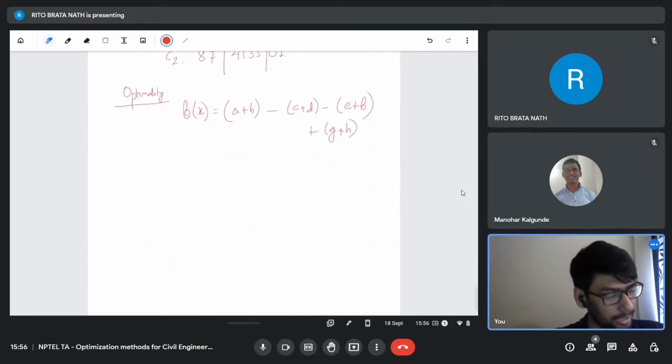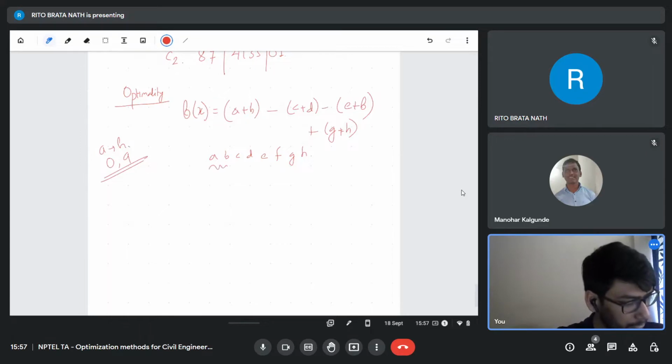And your strings are this a, b, c, d, e, f, g, h, and this a to h can each go from 0 to 9. Since you are summing this up, the positive portion is from this one. So this is positive because you're adding it, and these parts are negative.